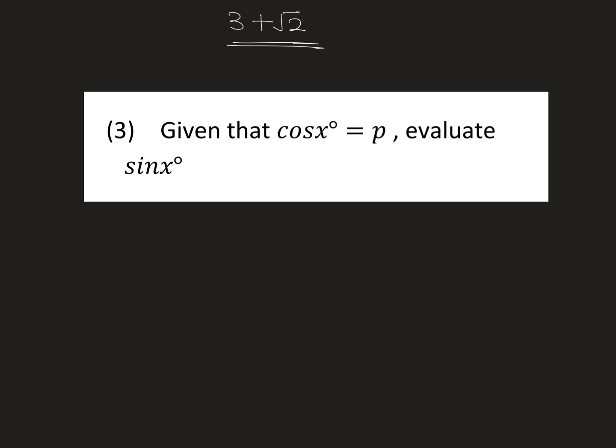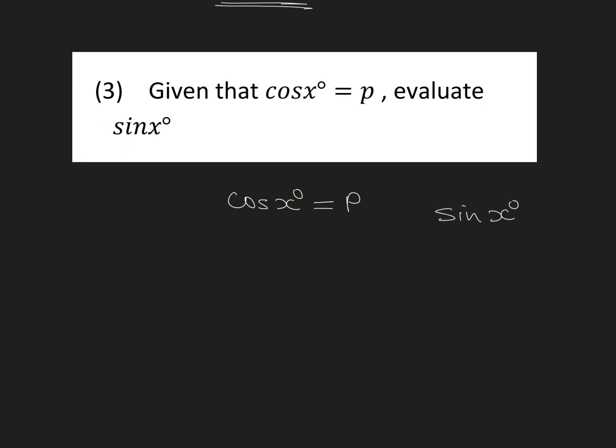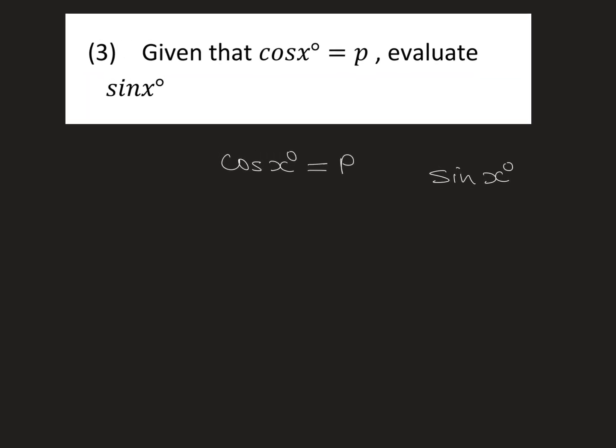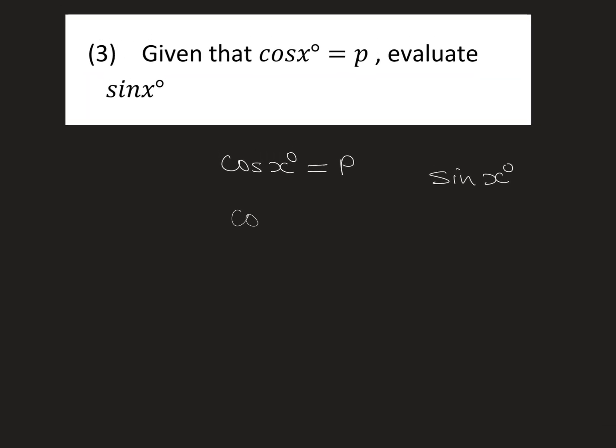Given that cos x degrees is equal to p, evaluate sine x degrees. We are given that cos x degree is equal to p. So how do we find sine x degrees? Well, we can say that cos x degrees is equal to p divided by 1.